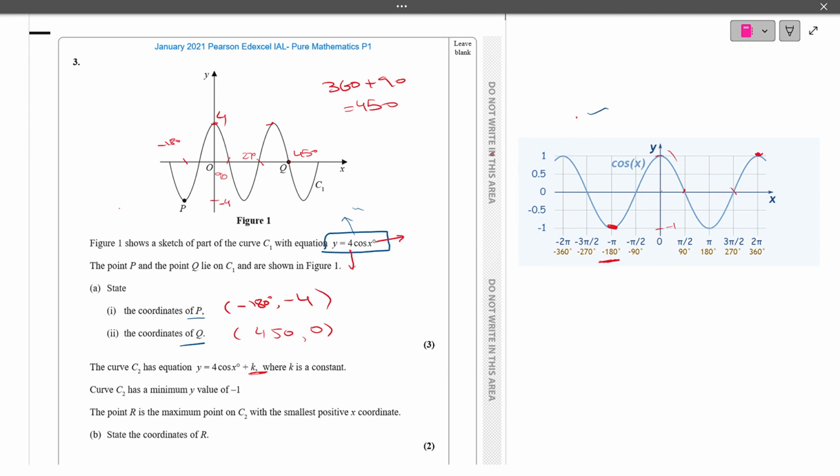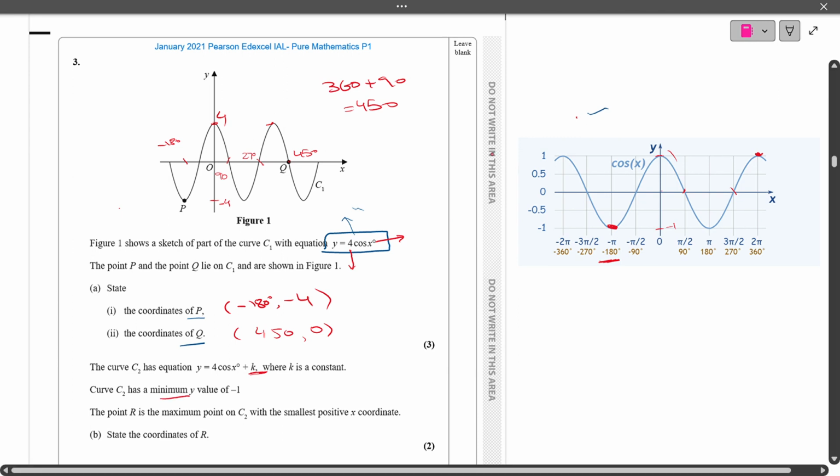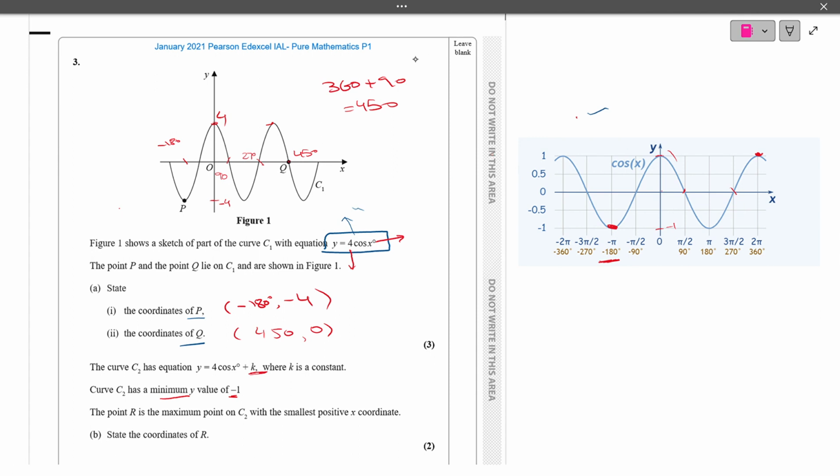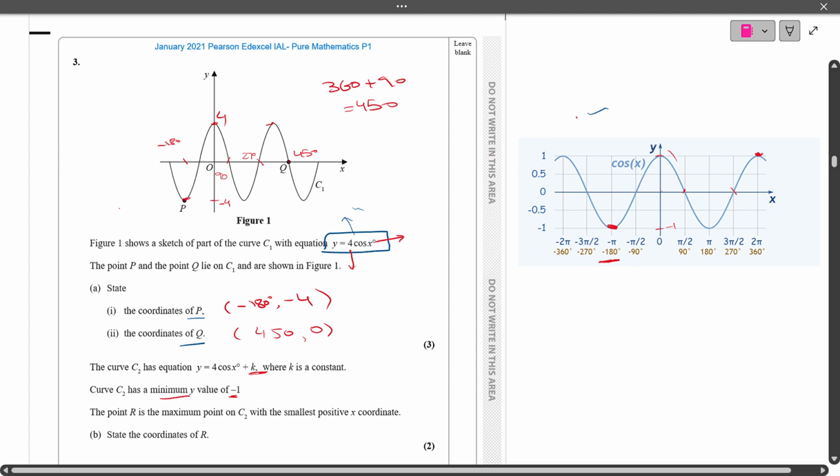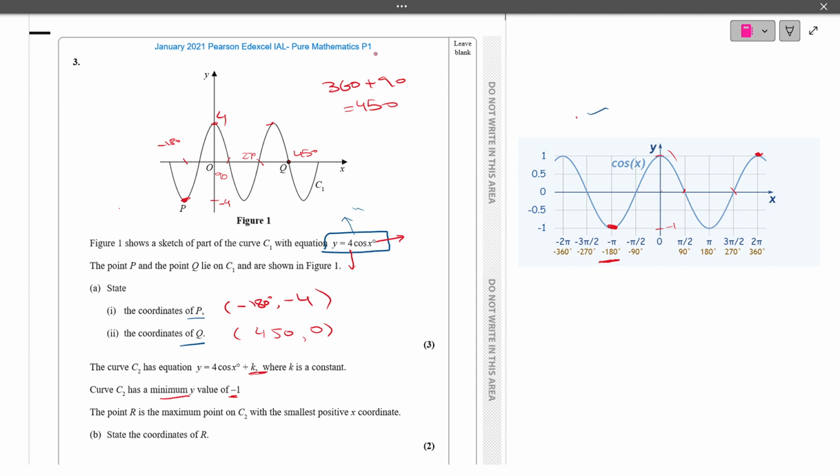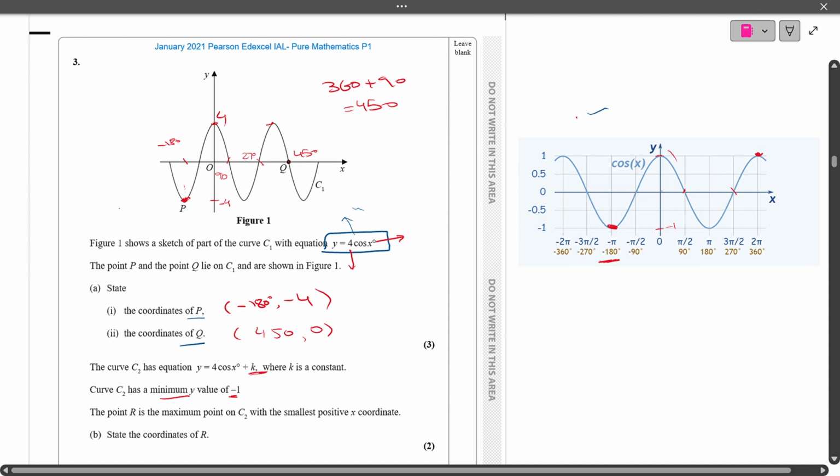But how do I know which? Curve C2 has a minimum y value of -1. Originally the minimum value is -4, but when the graph is shifted, its minimum value is -1.